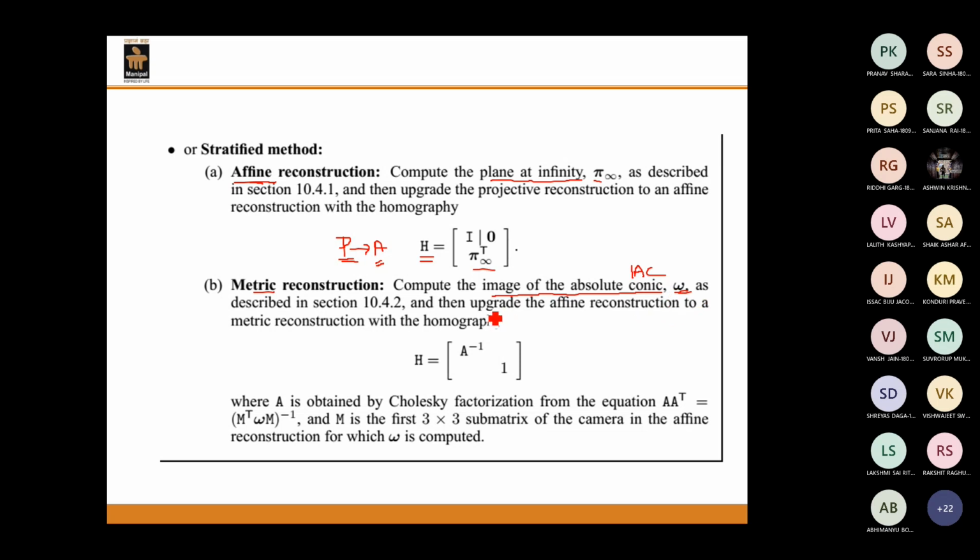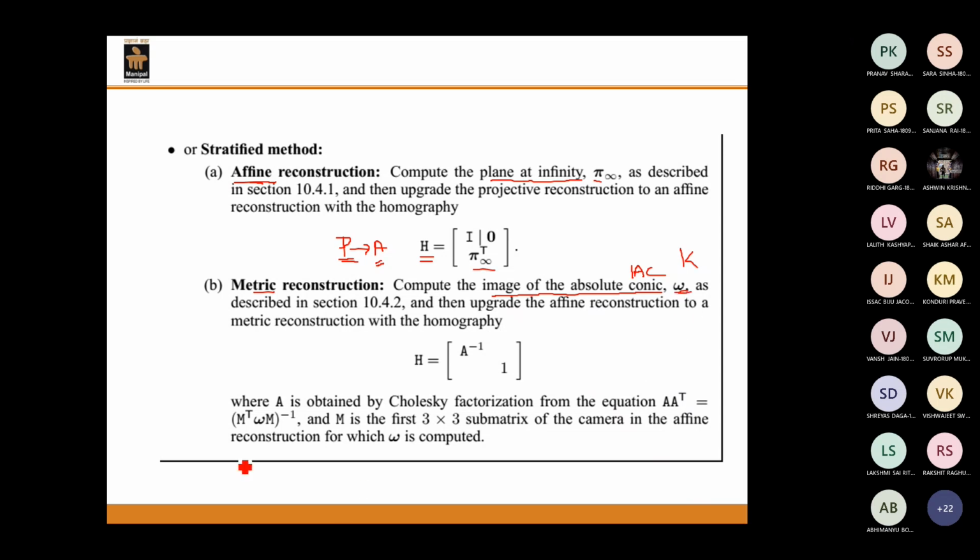There are different methods by which you can do it. One method is that if you know the intrinsic parameters K of the camera, then from there you can compute the IAC. You can take omega equal to (K K transpose) the whole inverse. From there you can calculate omega.